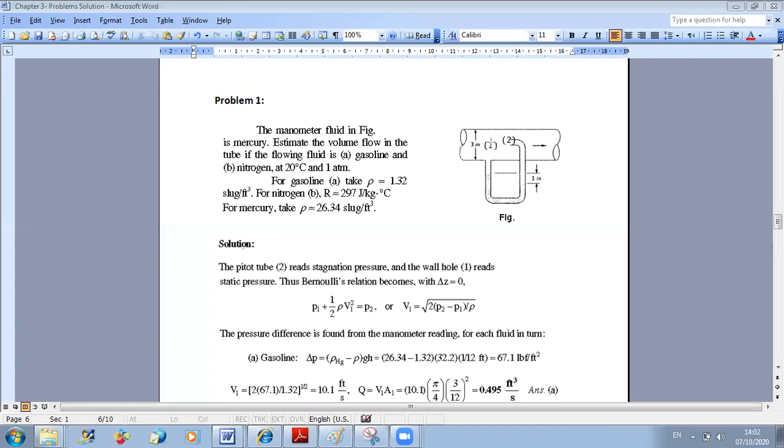If I want to draw a small figure, this is point 1 here, and at the same level I have point 2. If I want to move from 1 to 2, first I should go downward in my fluid this distance, but I will move again the same distance upward in the same fluid.